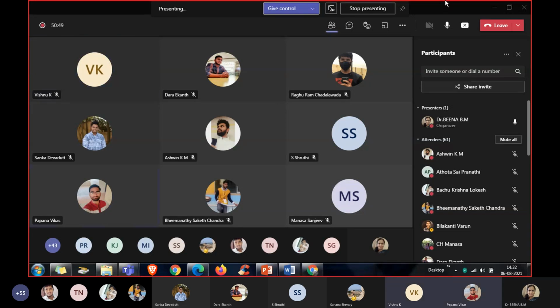Okay. What platform are you using, all of you? Colab. Yes, Colab. You need not use Jupyter. You need not install Jupyter, Anaconda, other things. Colab will take care of it. Okay.